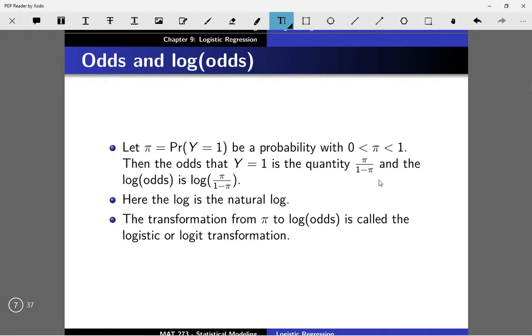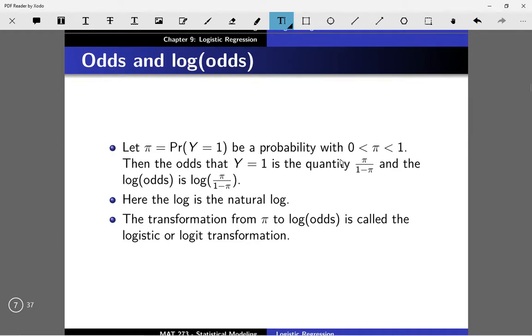You could use log base 10, but nobody ever does that. There's some statistical theory reasons for why we choose log base e here. So always for logistic regression, just assume we're using log base e. And if you're curious about why that is, I would suggest taking a statistical theory course, a stat theory course, as they call them.